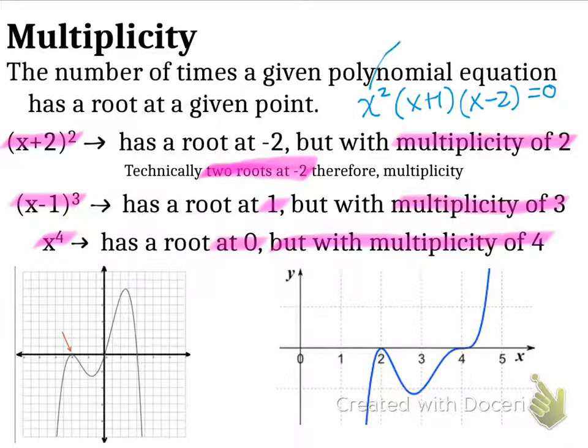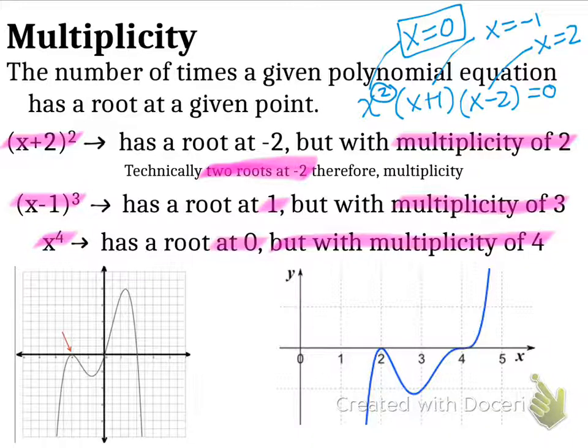But this first one gives you x equals 0. This one gives you x equals -1, and this one gives you x equals 2. That's only 3. But remember I said, since it's a quadratic, we actually write 0 twice. That's because it has a multiplicity of 2, meaning there are multiple roots at that x value.